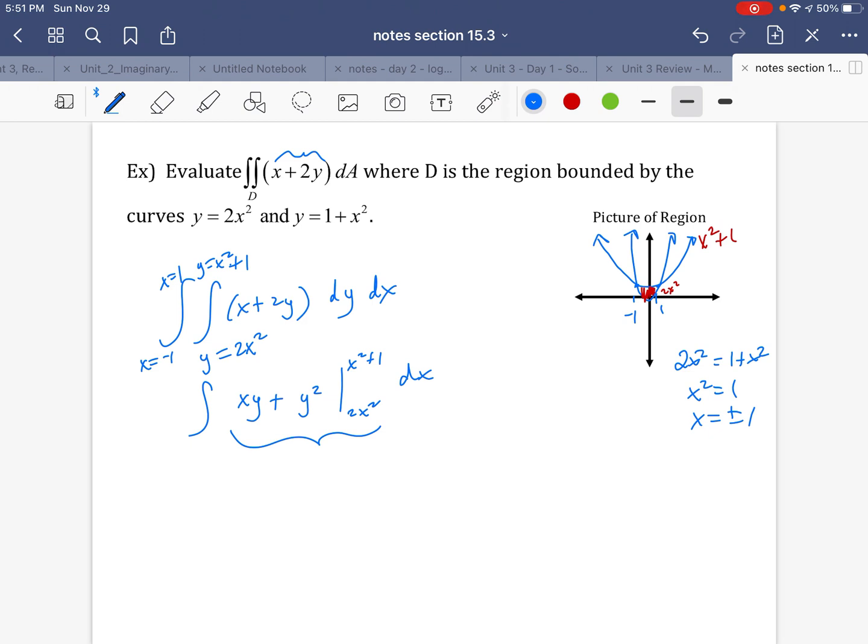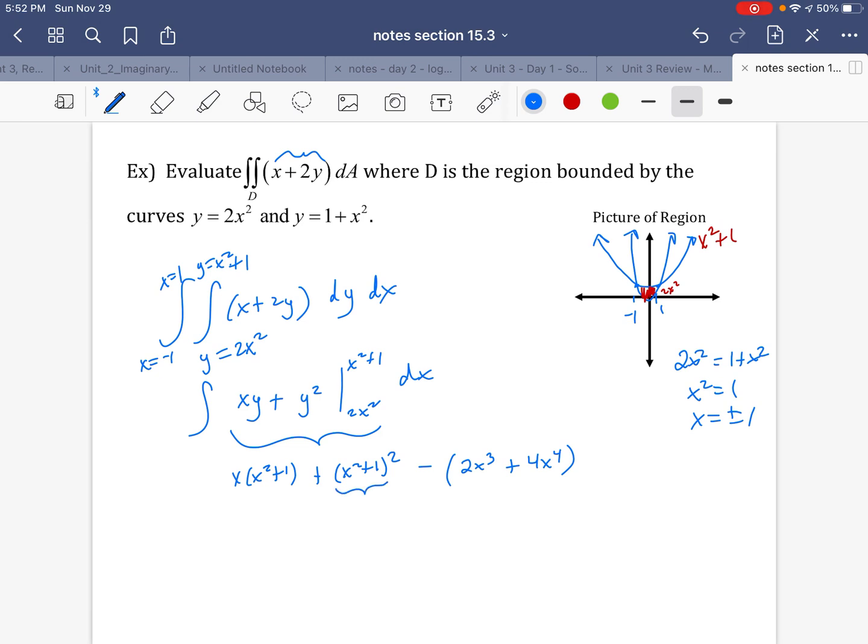So I'm going to plug in for y. So I get x times x squared plus 1 plus x squared plus 1 squared, minus, when I plug in 2x squared, I get x times 2x squared, which would be 2x to the third, plus 2x squared squared, so it'd be 4x to the fourth. So you guys know how to square that out.